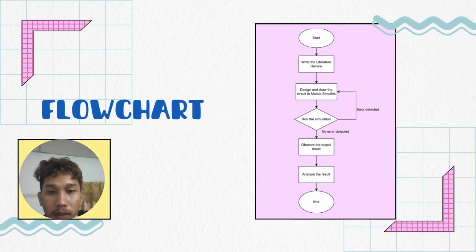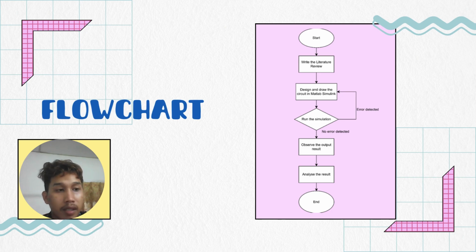Okay, here is the flowchart for the project. First, we start. Then the input is to write the literature review, and next we design and draw the circuit in MATLAB Simulink. Next, we have the condition, which is the run.